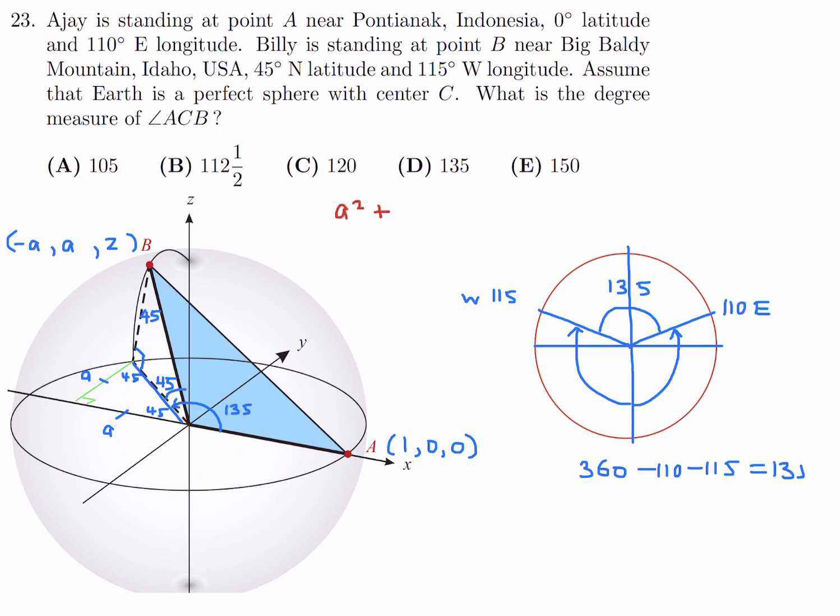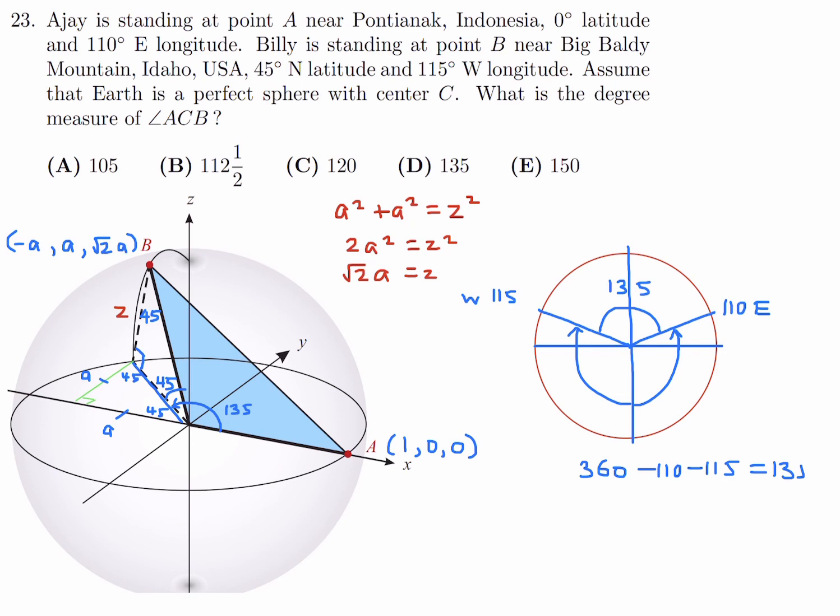A squared plus A squared is equal to z squared. Since this is z, but this is also going to be the same as z, since those two sides are the same, since that is an isosceles triangle, since two angles are 45 degrees. So that means 2A squared is equal to z squared, and therefore z is equal to root 2 A. Okay, so we can get rid of this z and put in root 2 A.